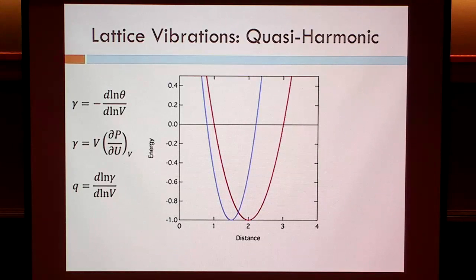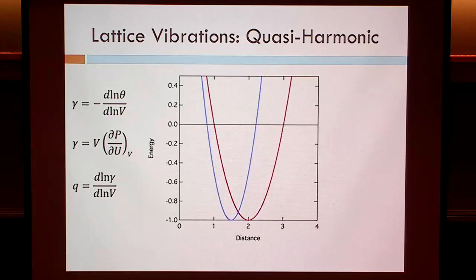And in the quasi-harmonic approximation, what you do is you say, here's our approximation to the energy versus distance curve at low pressure, and here is our approximation to it at higher pressure. What we've done is we've compressed the material. The minimum energy distance is now smaller, and the curve is now sharper.